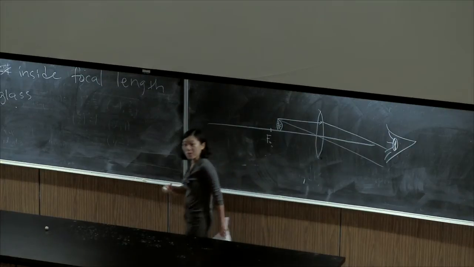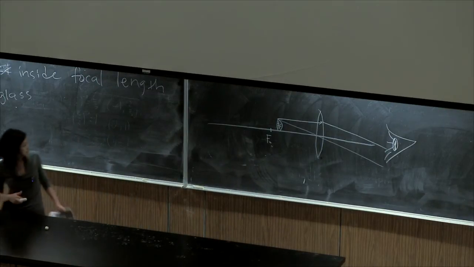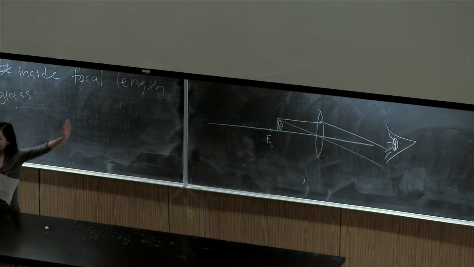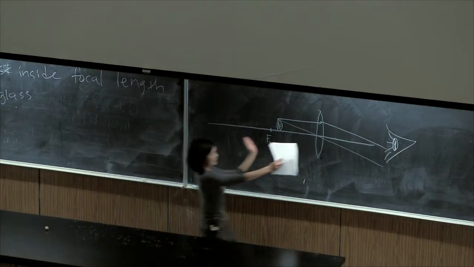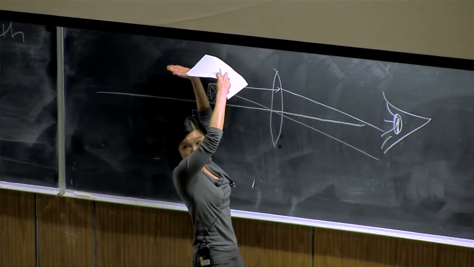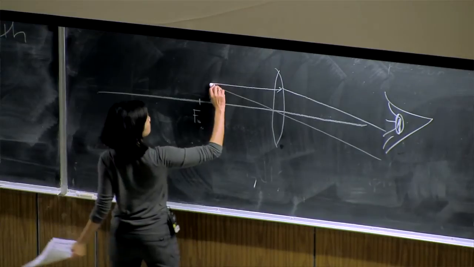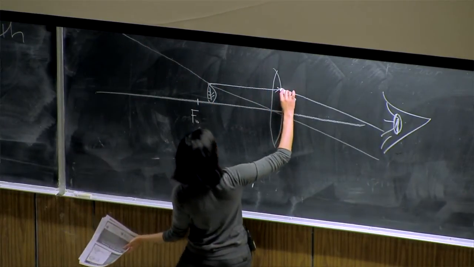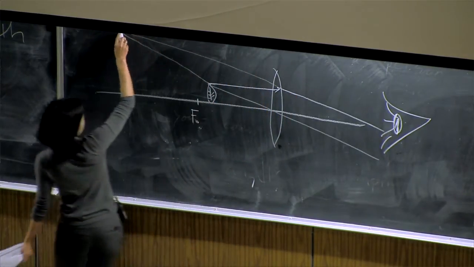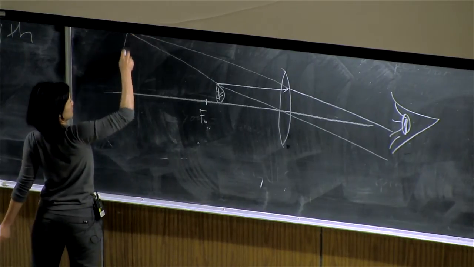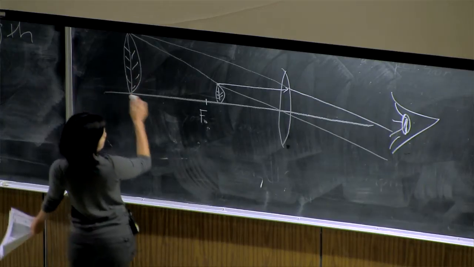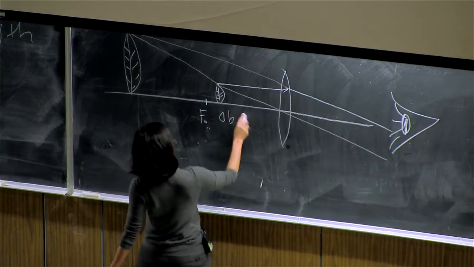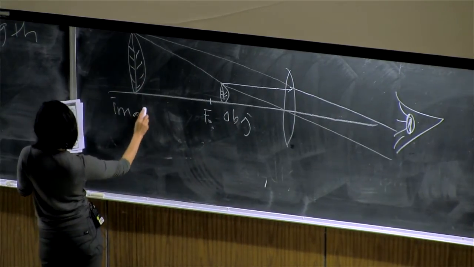Then where does the image form? Would it be to the right or to the left of the object? To the left, right? So all you do is extend these two rays all the way back. And that's where the image is. So this is your object, and that's your image.